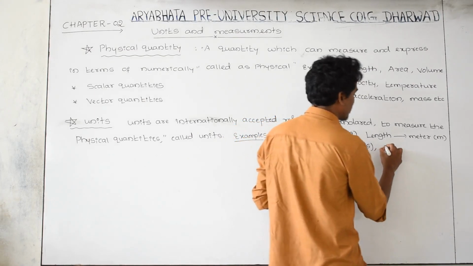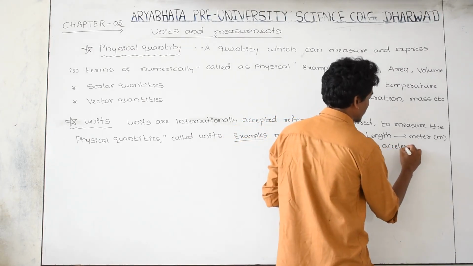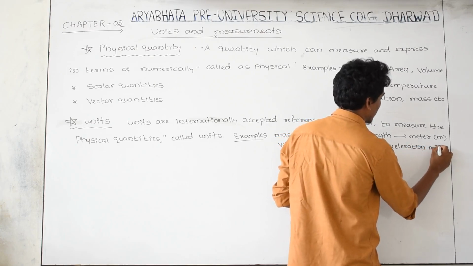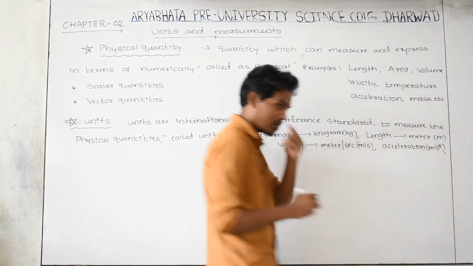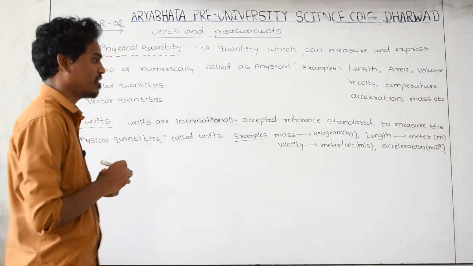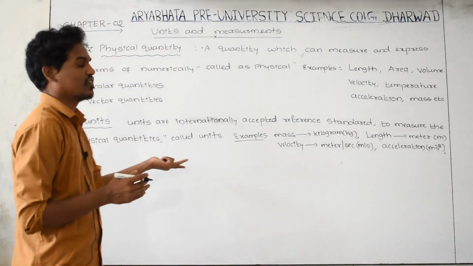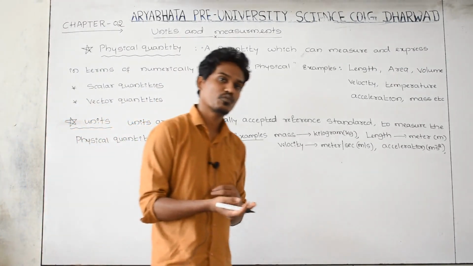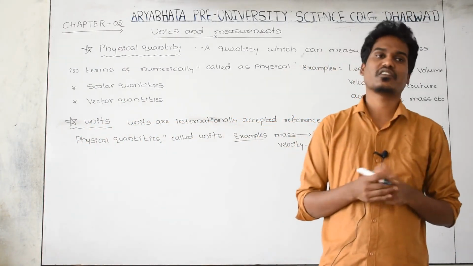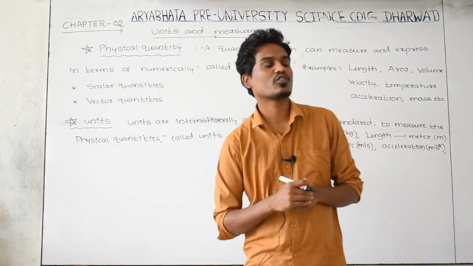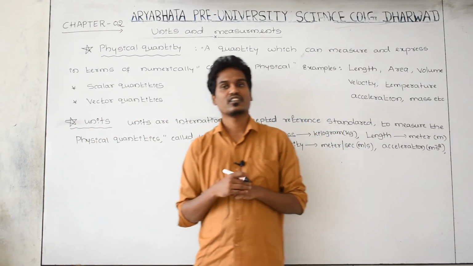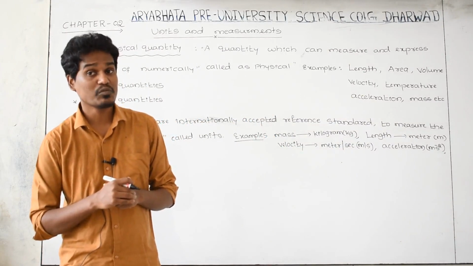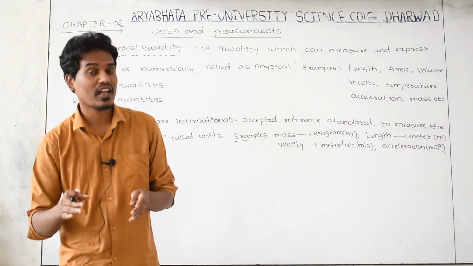And acceleration is there, that is meter per second square. And this is about units. Velocity, density, volume, work, force, many other units are there, just to express or measure physical quantities, that system is accepted internationally.